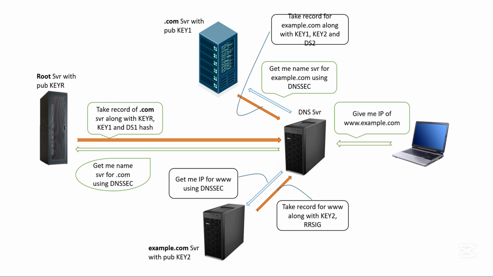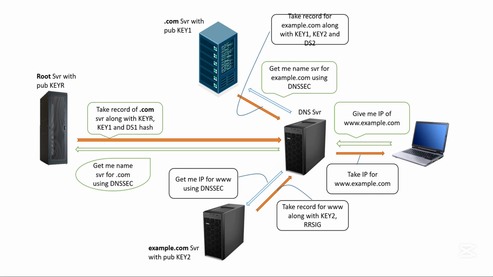Say, take the record for www along with the RRSIG this time and the key. So the RRSIG and the key are just the DNSSEC parameters for validating the records it is serving. It uses that to do all the validation, like I explained in the previous slide.